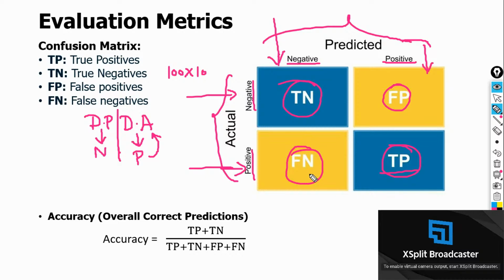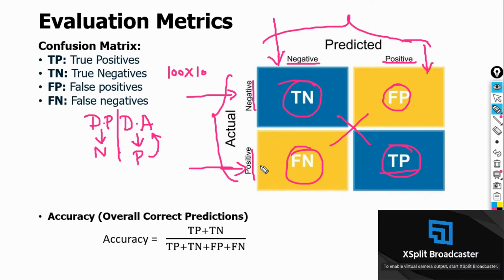FP talks about false positives and FN talks about false negatives. So these two cases are where the model predicts wrong. Here the model predicts right, the true cases, and in the false cases, the model goes wrong. So let us understand what FP and FN are.